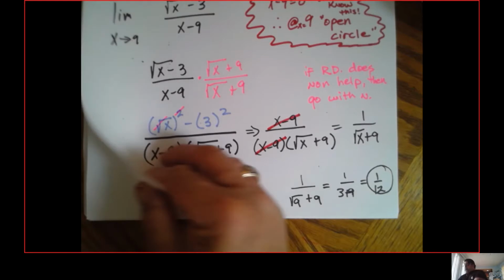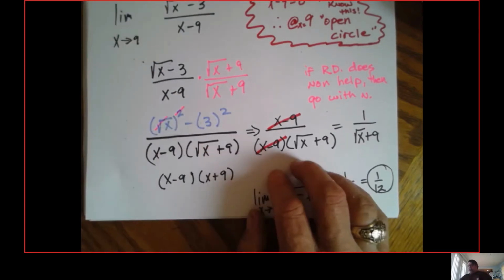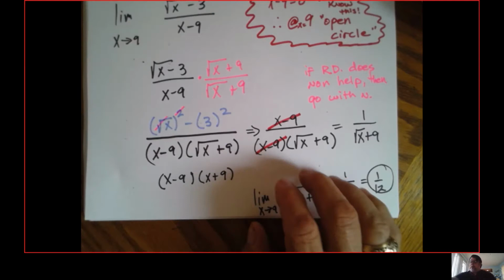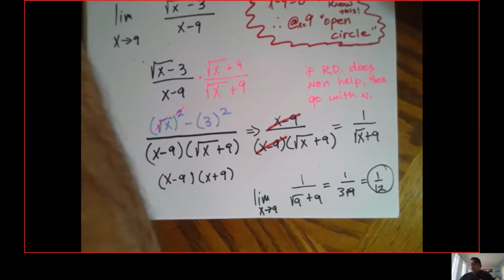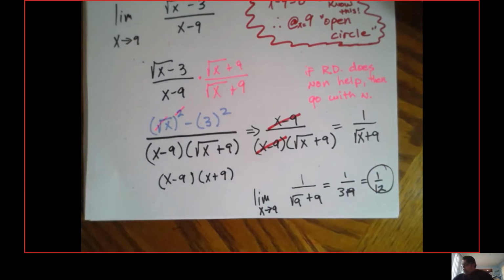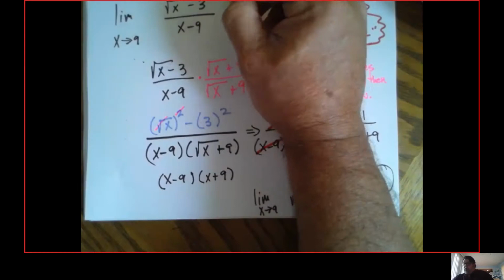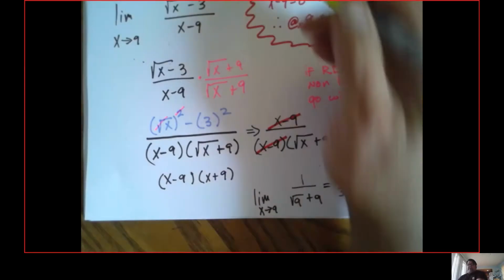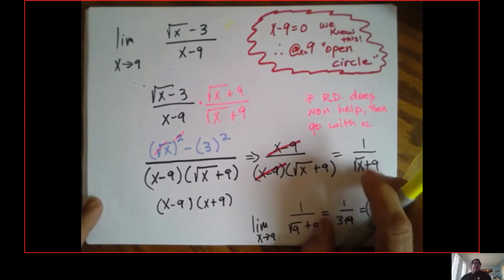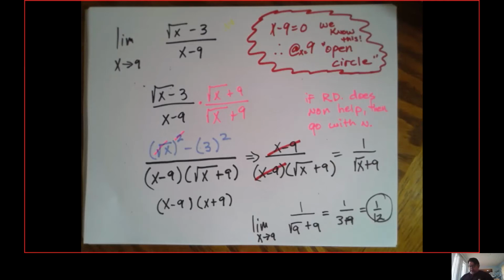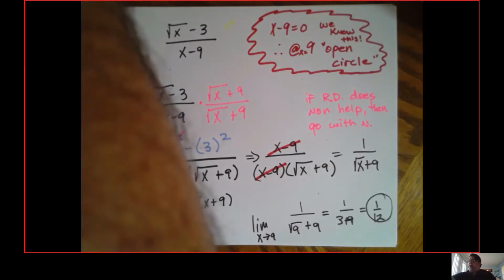And the reason I used rationalizing, another reason, is because if you look up here, and I'm going to use a marker, a yellow marker, I can't even see that. I was going to use something bright.